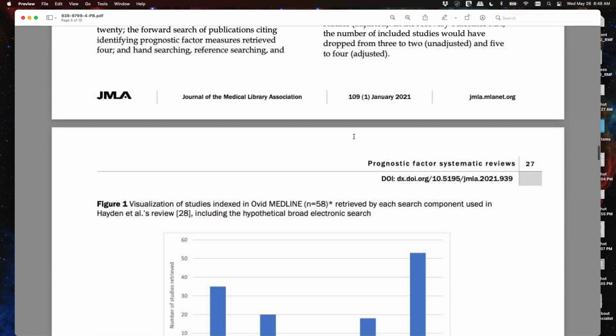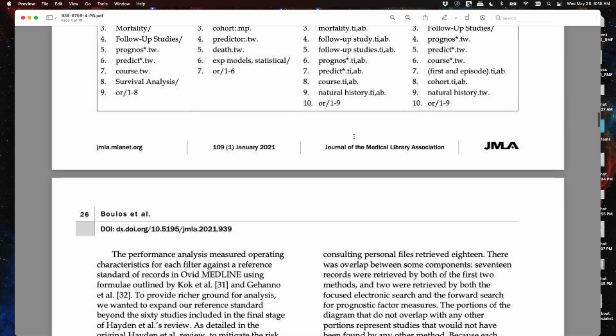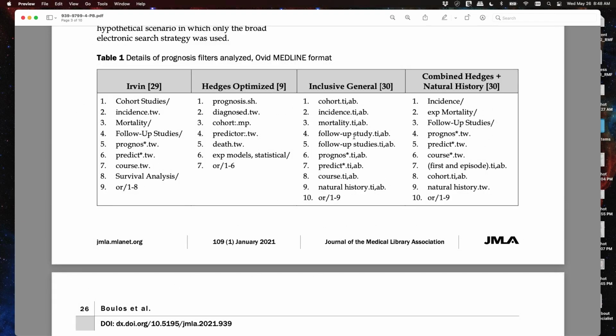So I think the indexing is not so bad for prognostic now. Because normally when we started with a prognostic review, we said, no, you can't use MeSH terms. There's nothing to find. There's no indexing for this at the moment.